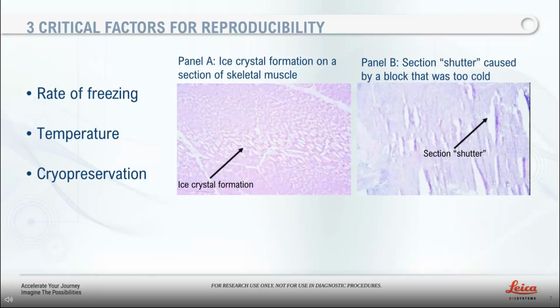Above -130 degrees Celsius, amorphous ice begins to restructure as cubic ice, which gradually expands as a result of low temperature and pressure, and will potentially change the morphology of your tissue.